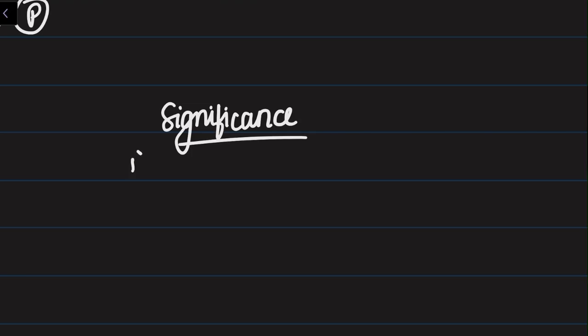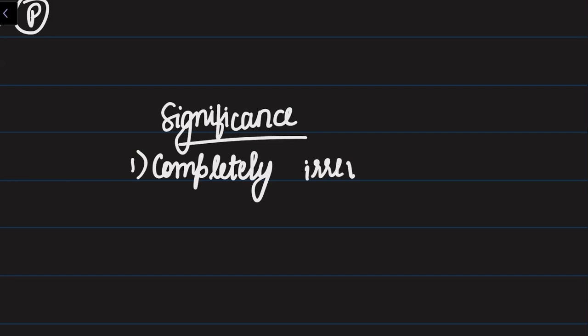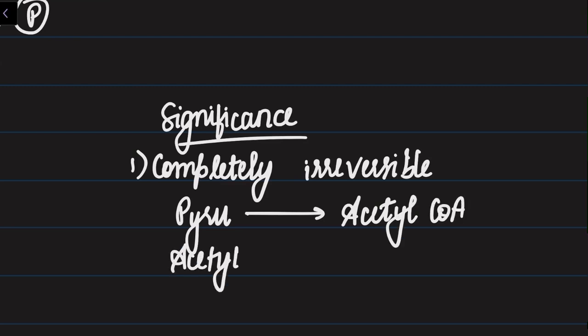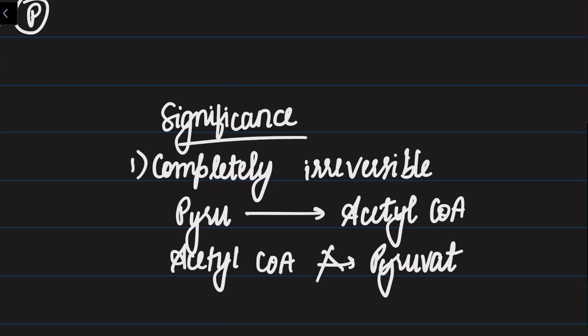We need to understand that this is a completely irreversible process. So pyruvate, which we got from glucose, can become acetyl-CoA. That's what we just did. But acetyl-CoA cannot become pyruvate. Why is this important?